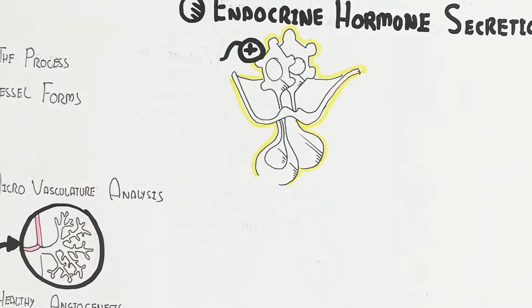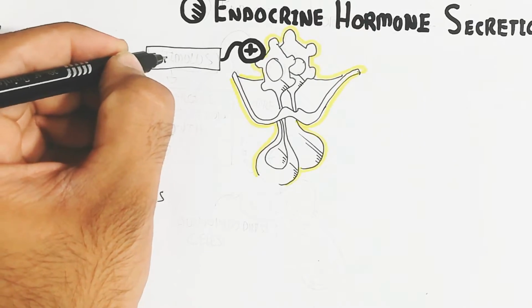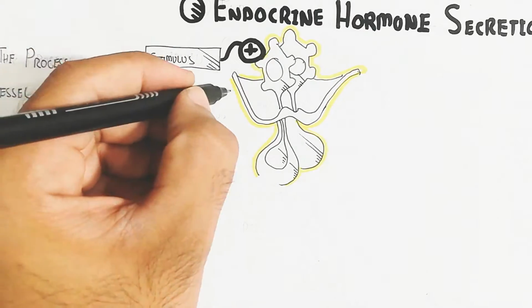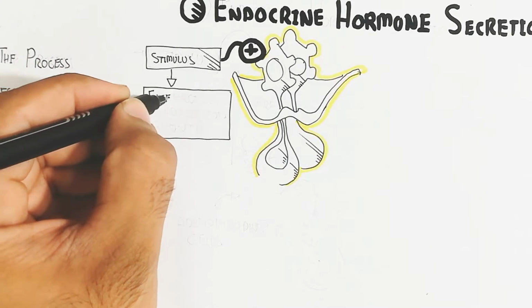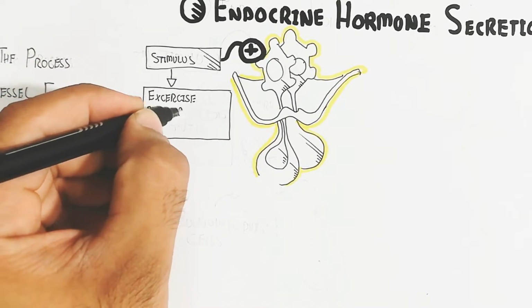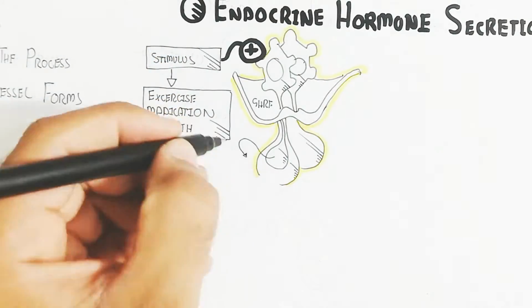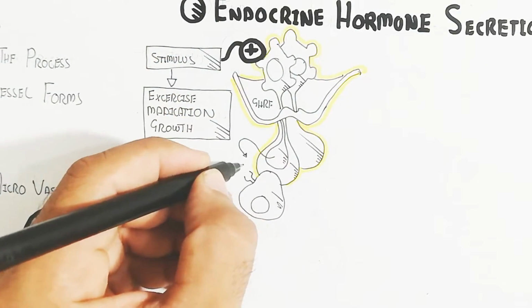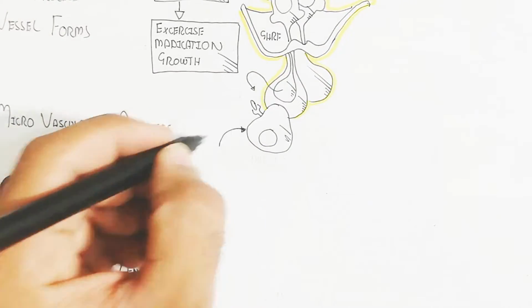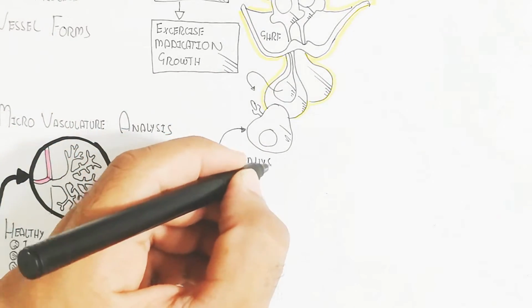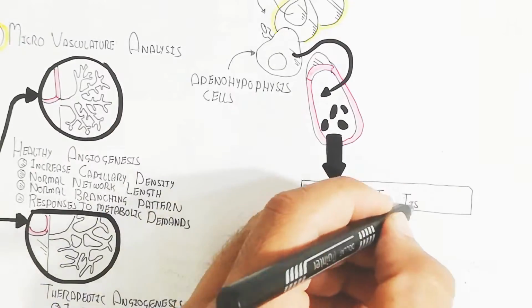But we will learn about the adenohypophysis. And this is the stimulus, for example exercise, medication, growth, ischemia, or other things, which will trigger the hypothalamus, and growth hormone releasing factor will be released and bound to the adenohypophysis cell.